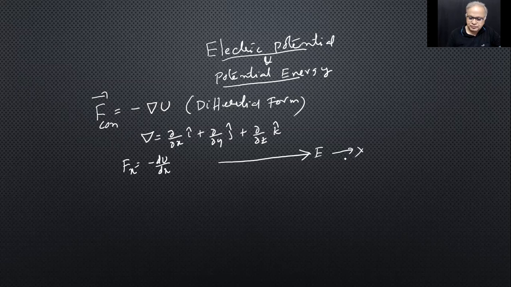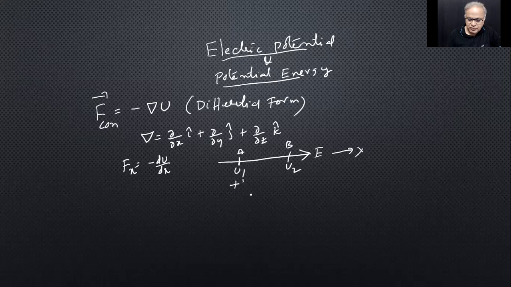What it says is, if this is U1, if this is U2, if the field is in this direction, potential energy will be falling when you go from point A to point B. Why? When I left one plus q charge here at rest, we know when it comes here, it has got half mv square kinetic energy because of the acceleration provided by the electric force, which is caused by this electric field.